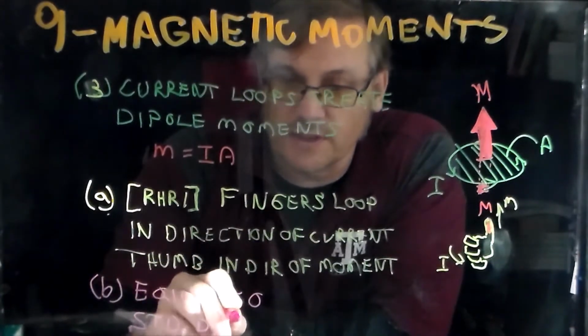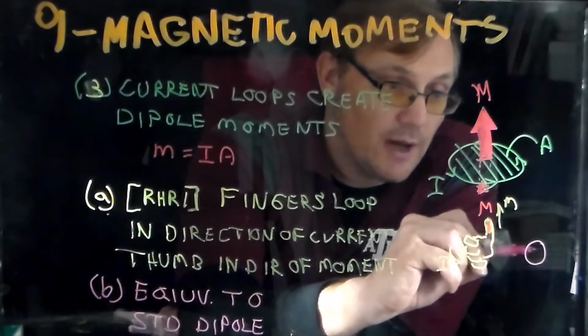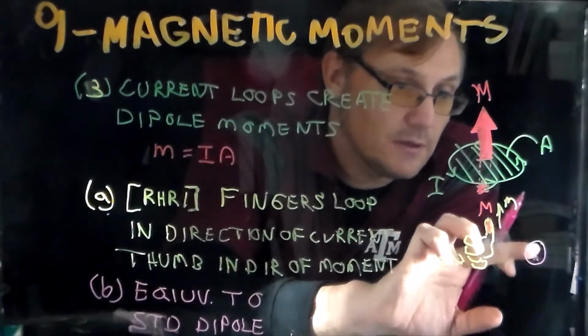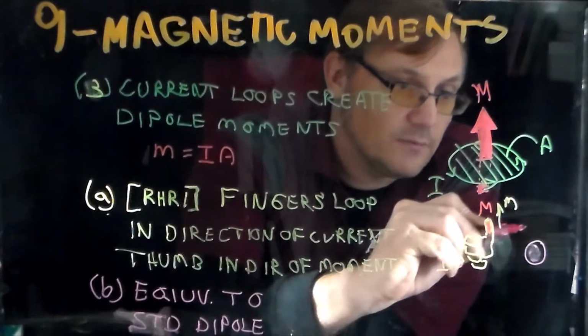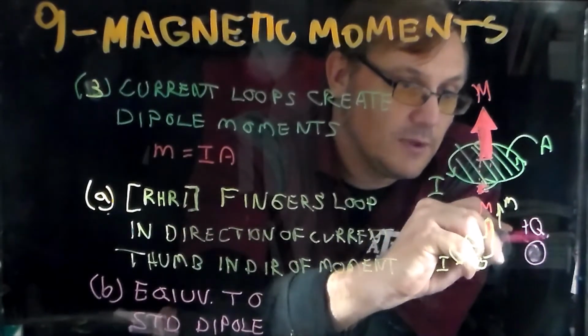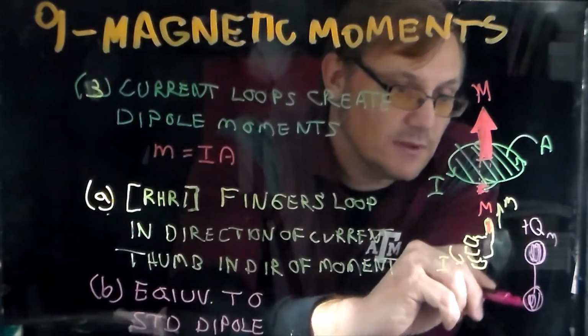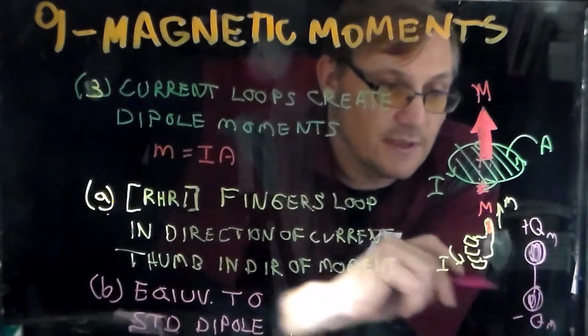Now, these don't exist in the real world, we said, but we could model this as a charge, plus Q_M at one end of the stick times minus Q_M at the bottom of the stick.